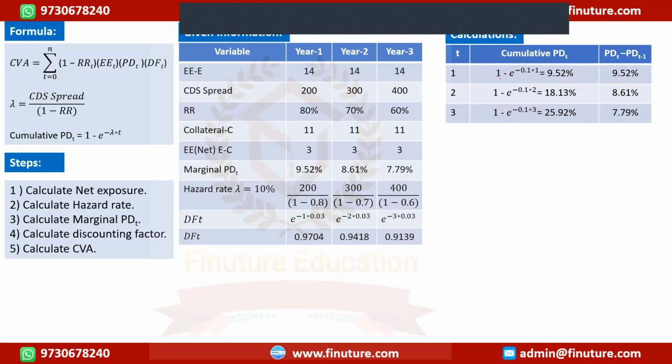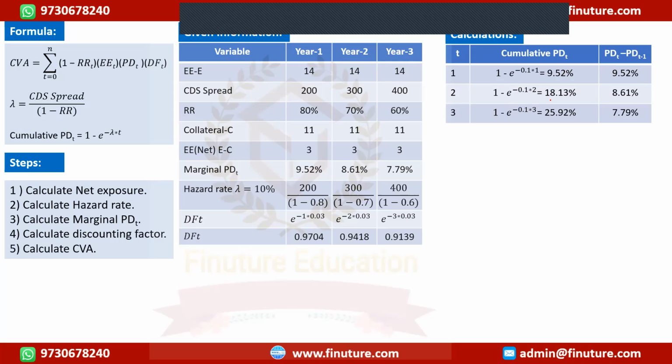So first we will calculate cumulative probability, which is 1 less exponential of your hazard rate, lambda, times t. So your lambda is 10% and time is the first year. So it's 9.52%. For year one, there is no prior probability of default, so your cumulative probability is the marginal probability of default itself.